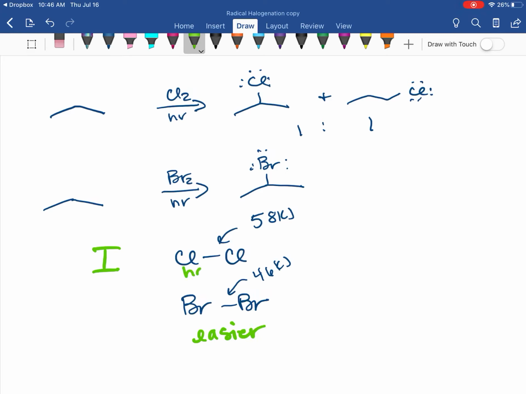Okay, so which one's easier to break? Bromine is easier to break. Okay, well, why would that matter? Well, if that bond is easier to break, then let's take a leap forward and say, well, that means that this radical then is more stable.